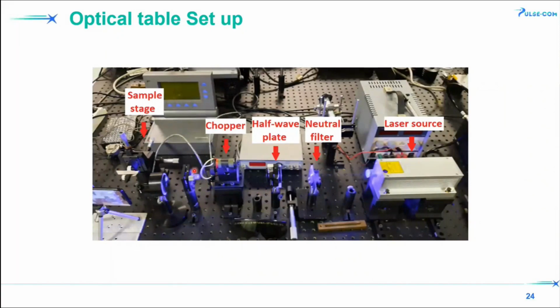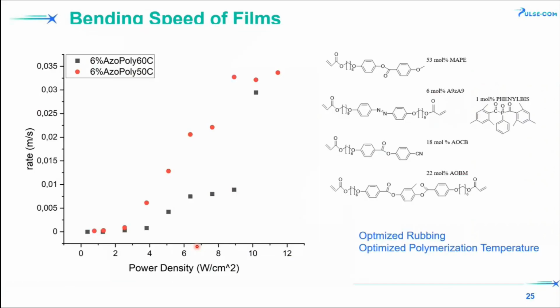And here there is a lens to focus your light. With this kind of setup, you could do this kind of characterization, which has been very, very useful for us. I'm showing you this in particular because it shows two different PMPs with the exact same conditions of polymerization and injection, so the same cell, the same kind of rubbing, etc. But the temperature is different.